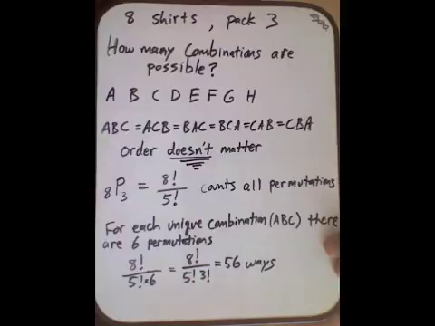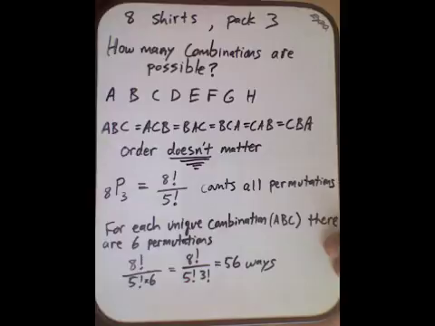If I want to count the number of combinations of 3 shirts from a group of 8, and I do it using nPr, that is 8P3, or 8 factorial over 5 factorial, that's counting all the permutations. For the unique combination A, B, and C, there were 6 different ways to make permutations of those items, so I'm overcounting by a factor of 6. And 6 happens to be 3 factorial.